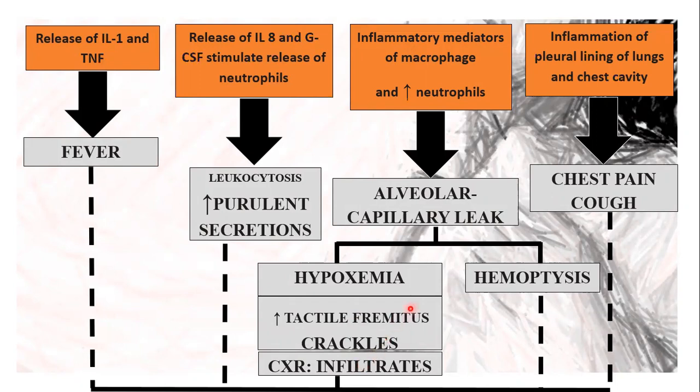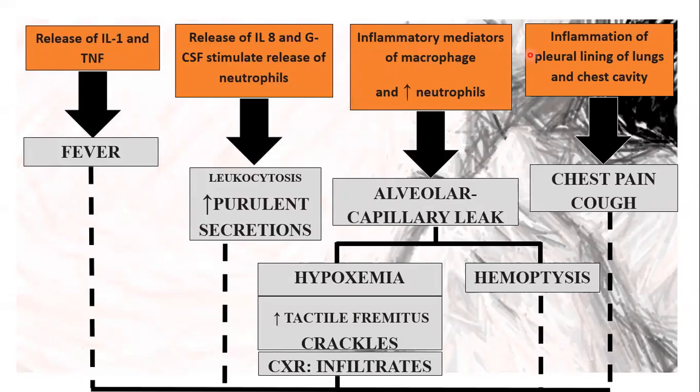You could also have hemoptysis from the capillary leak, as when the patient coughs, there would be exudation of blood as well. Next would be the inflammation of pleural lining of the lungs and chest cavity.